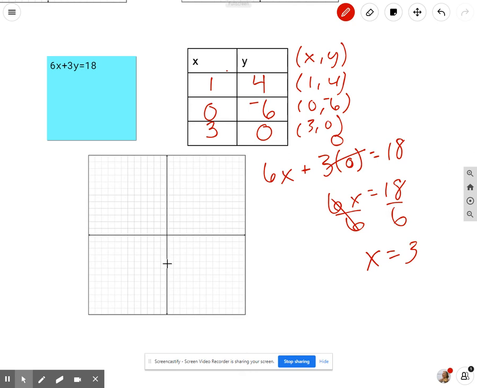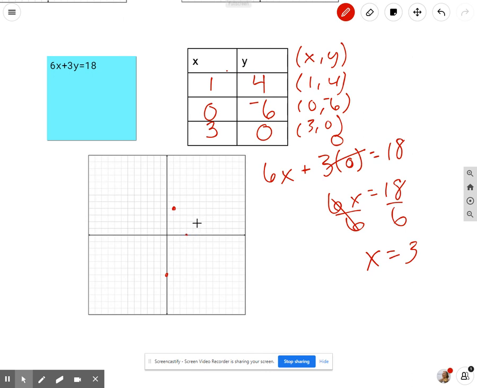It's kind of hard to see these light colors on the screen. 3, 0, 0, -6, 1, 4.